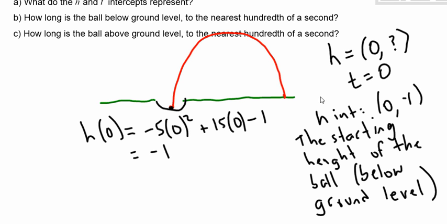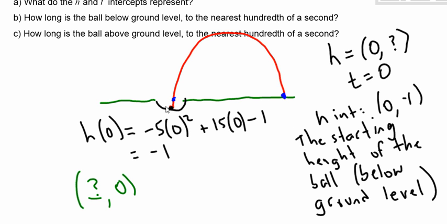The t-intercepts are points that are going to be like this. So they're going to be points where I don't know the t value yet, but I know the height is 0. So in this diagram, the height is 0, meaning ground level, right about here and right about here.